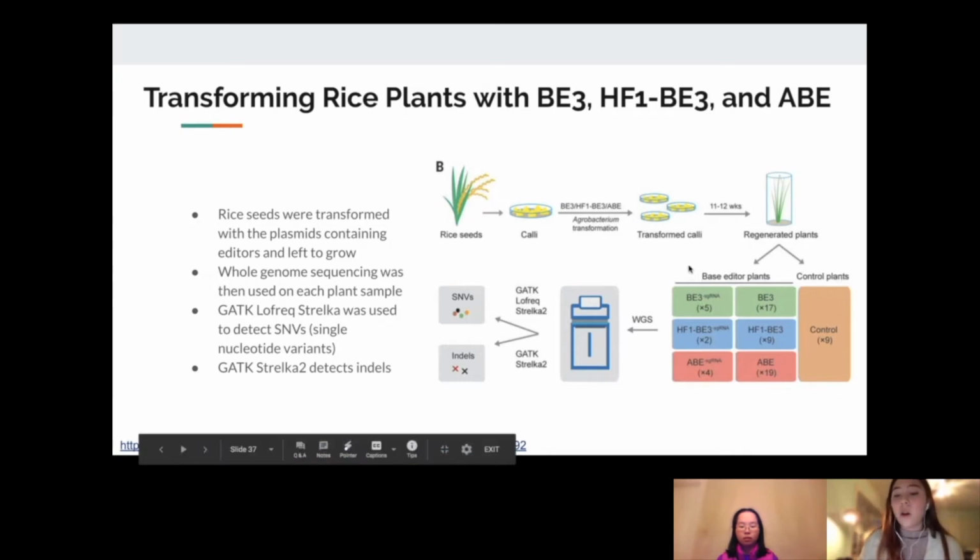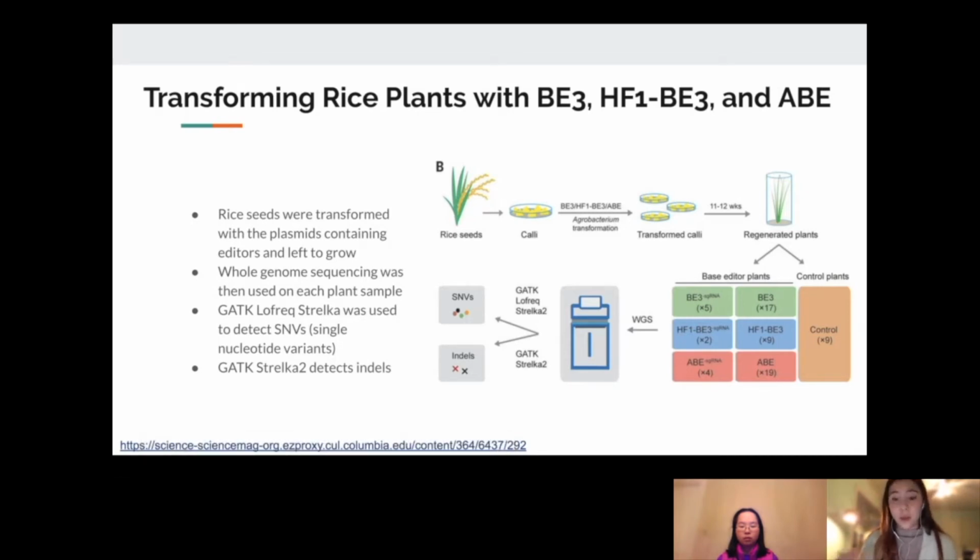Once they had all of these different types of plants, they wanted to see the different effects in off-target mutations that they could find within the whole genome and compare the levels that were induced by these different types of base editors.